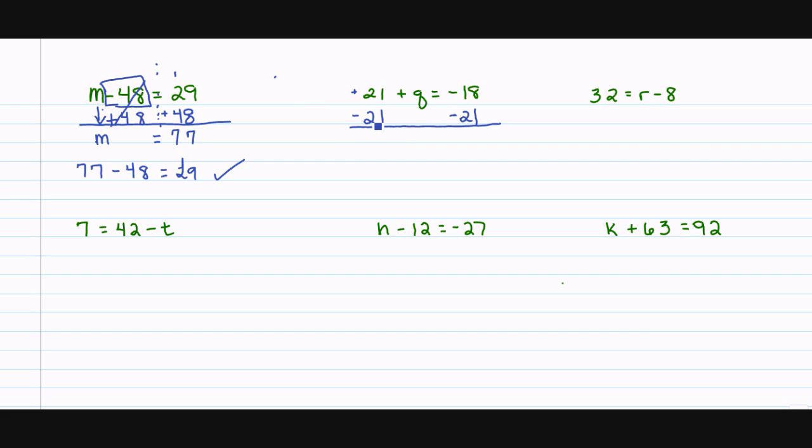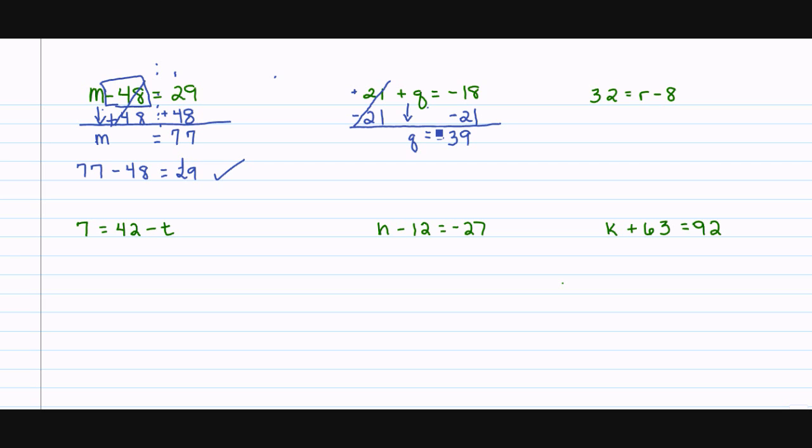A positive 21 and a negative 21 cancel each other out. I'm left with q equals. Now the signs are the same, so I'm going to add. 8 plus 1 is 9, 2 plus 1 is 3, and take the sign of the larger number.